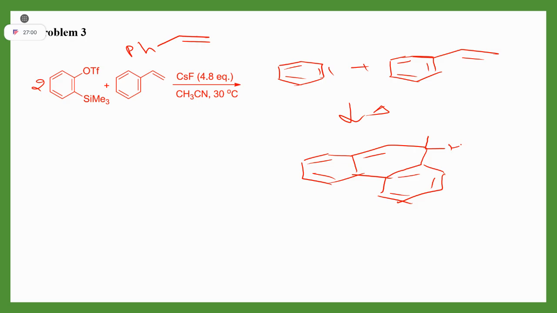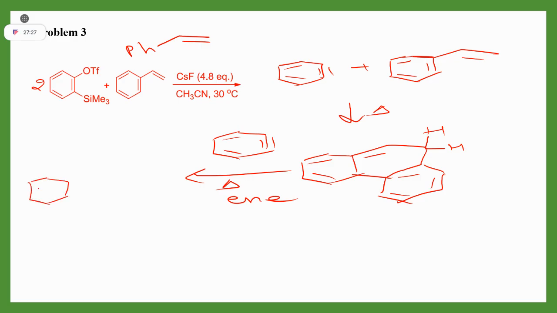Now you are having these allylic hydrogens, correct? And since two molecules of this system have taken two molecules of this triflate, you have in your system one benzyne. So now the ene reaction will take place. Yes or no? You have to transfer one of the hydrogens to this system. Yes. Let me draw the final product for you.